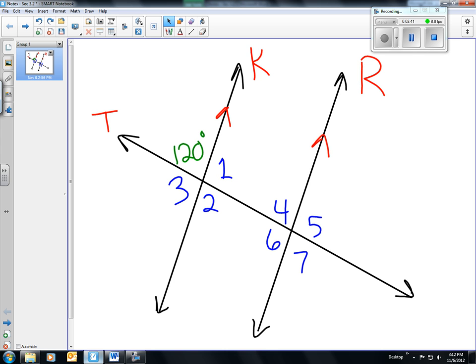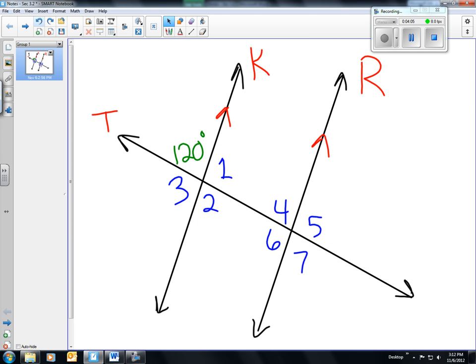So in this picture, the corresponding angles would be 120 and 4. You could say that angles 6 and 3 are corresponding. You could also say that angles 5 and 1 are corresponding. And you could say angles 2 and 7 are corresponding.